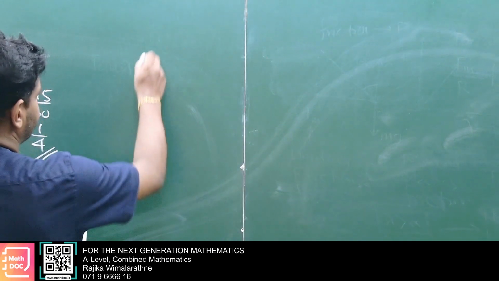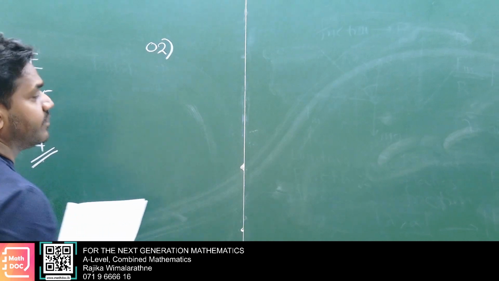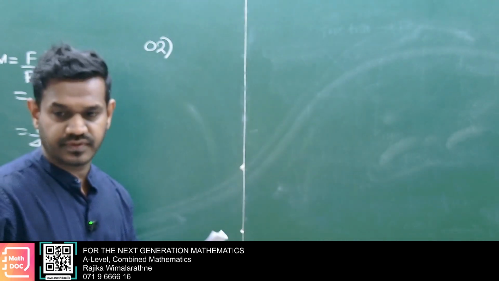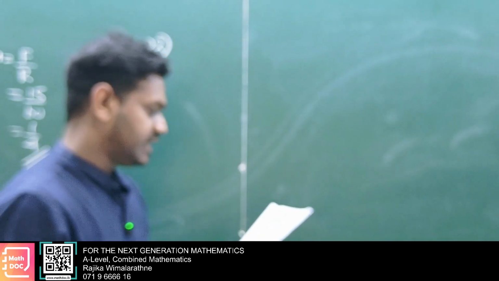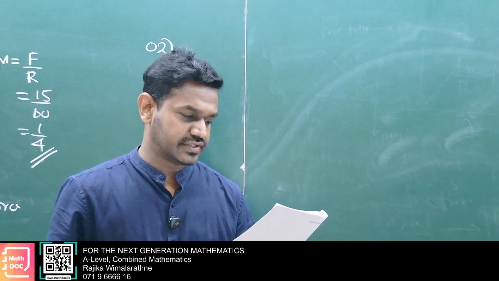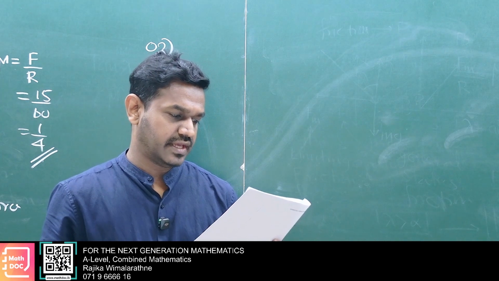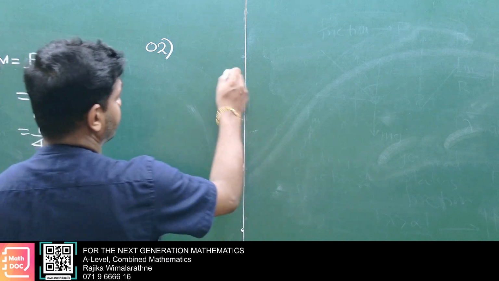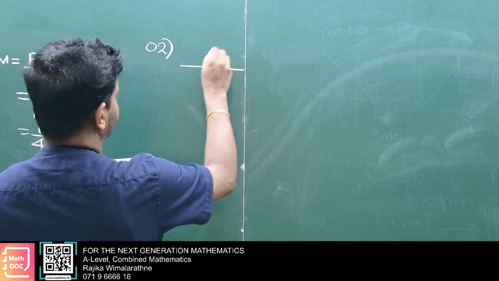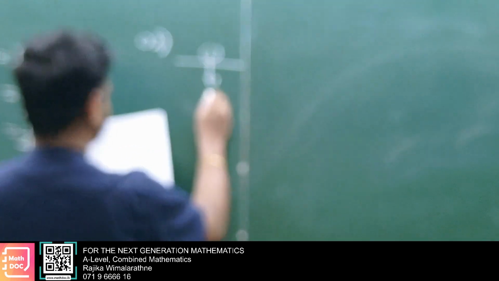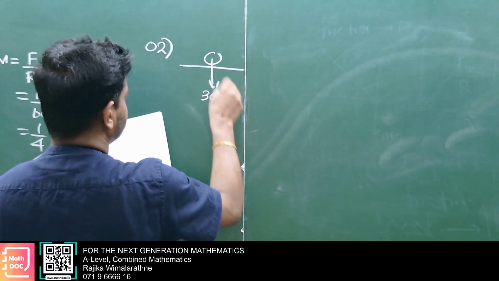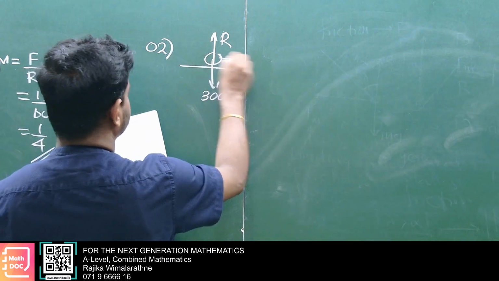Question number 2. A mass of 30 kilograms rests on a rough horizontal plane. It can just be moved by a horizontal force of 10 Newton. Here 300 Newton, mark the reaction.